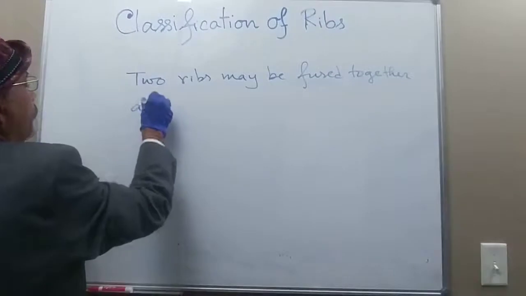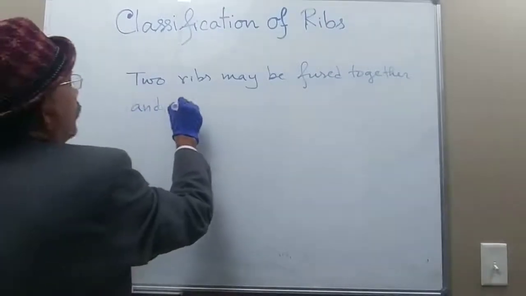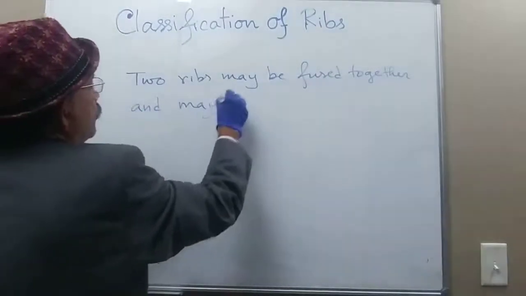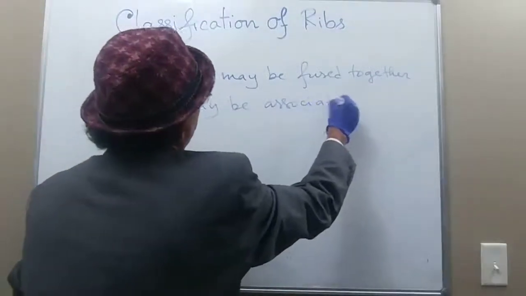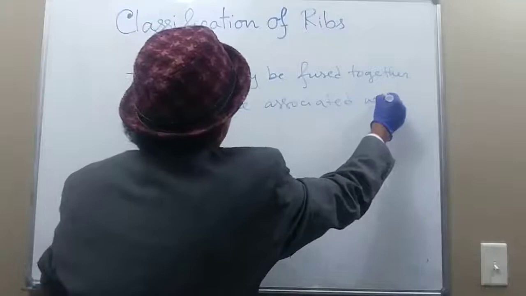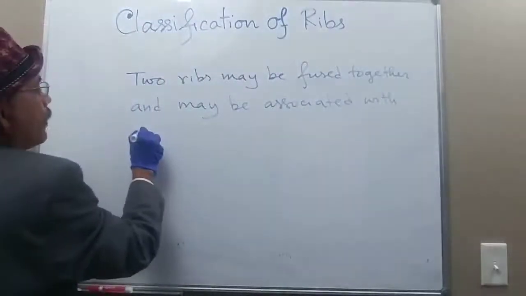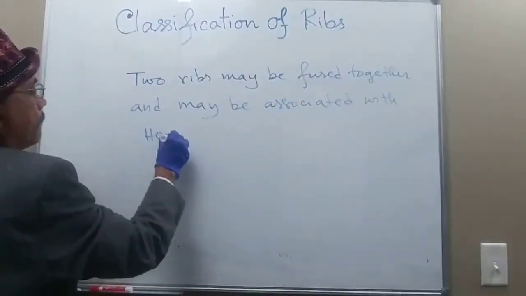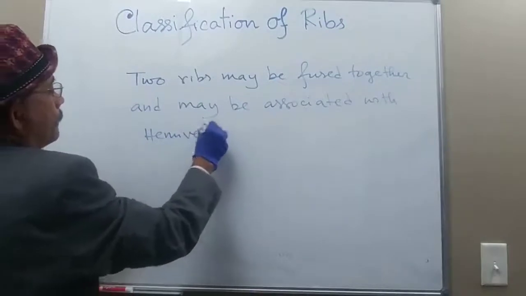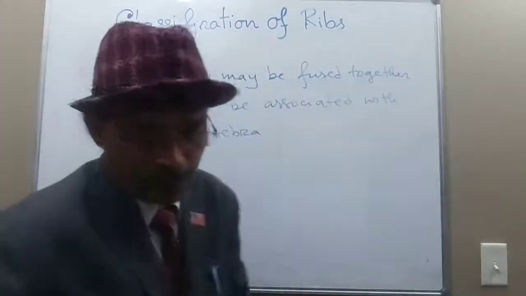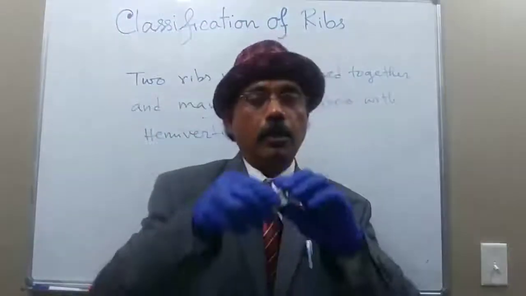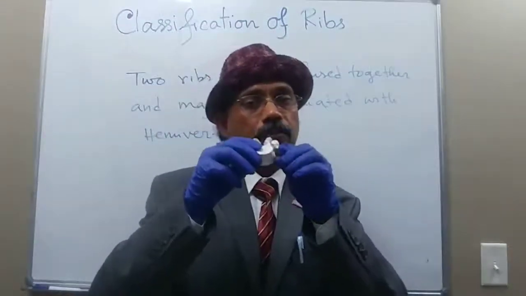But we have another point, that two ribs may be fused together and may be associated with hemivertebra. That means one part of the vertebra is not developed. It may be wedge-shaped.